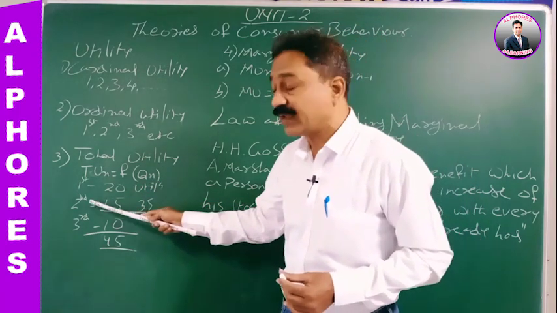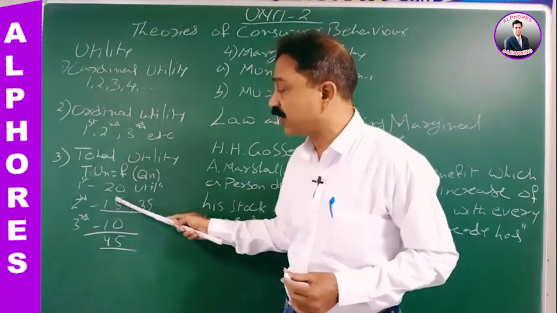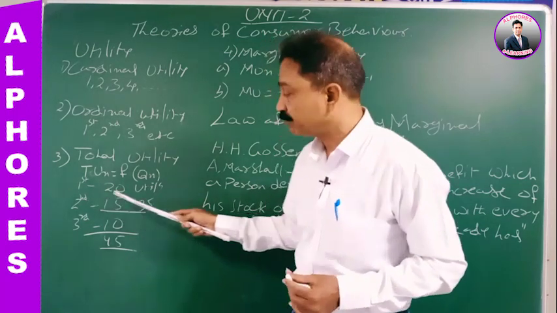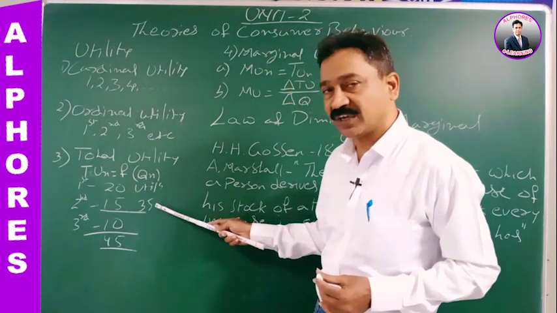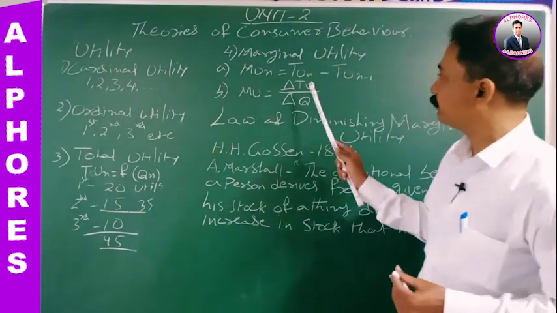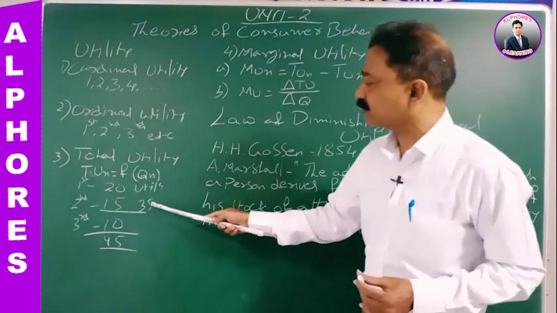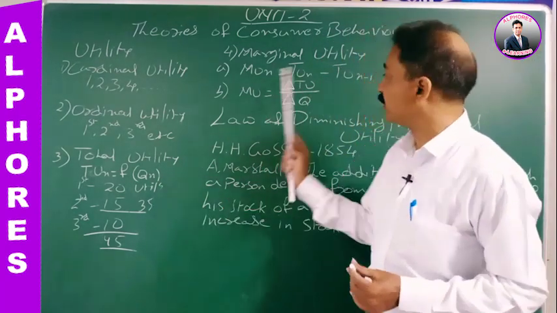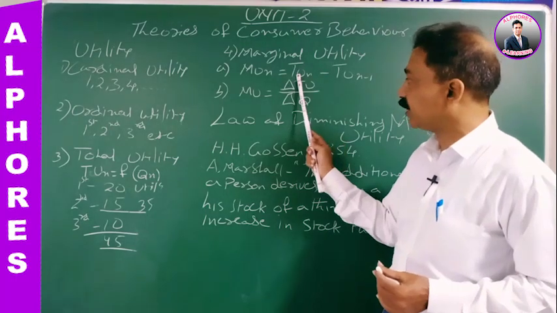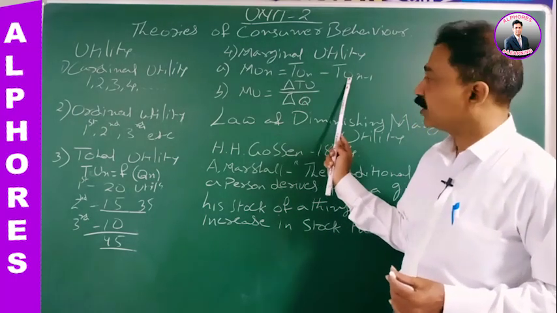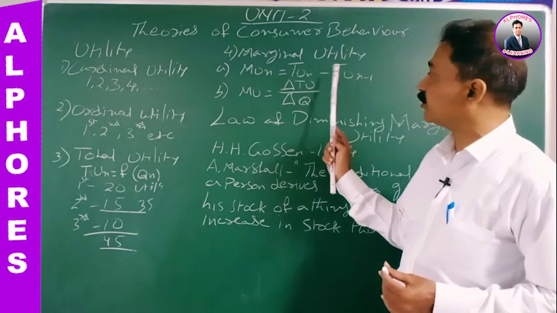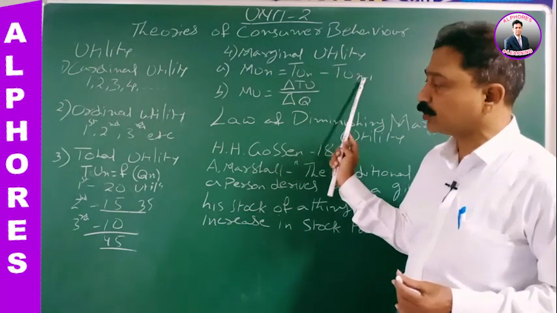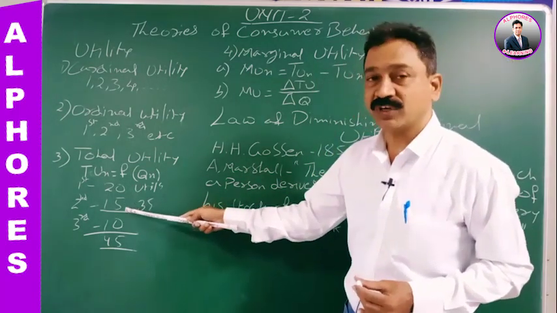So to get the exact idea of how much satisfaction we got from the second commodity, take the total utility, 35, minus the previous one. If you remove the previous one from the present one, you will automatically get the marginal utility.